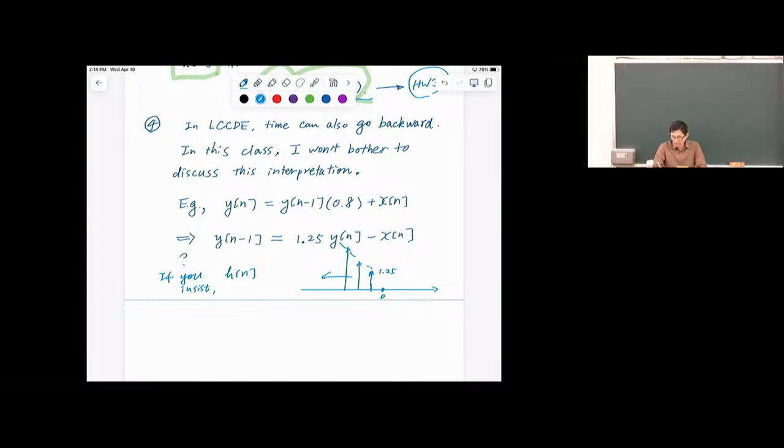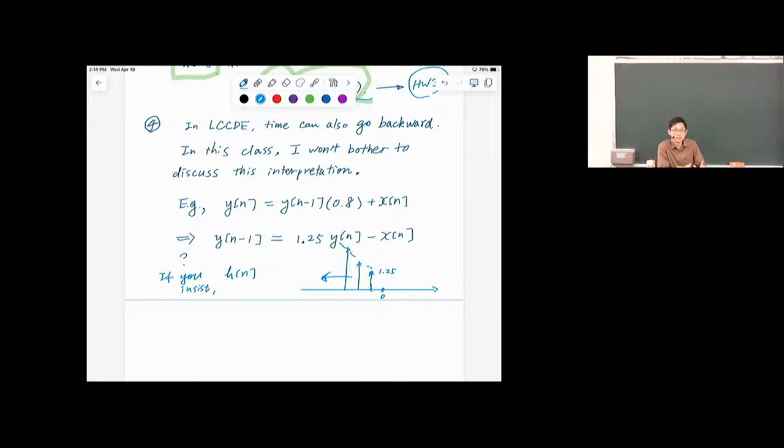I hesitate, because I don't want to emphasize this interpretation. But just for the sake of completeness, I want to mention that causal versus non-causal is a matter of interpretation. In this class, we recommend the causal interpretation when we use a difference equation.